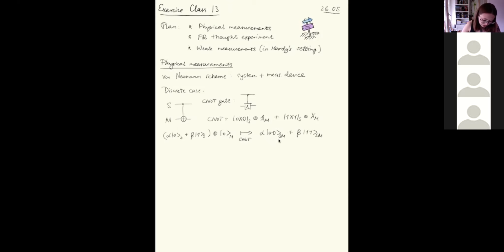So in the exercise sheet, you're going to look at the physical implementation of this, namely a particular Hamiltonian that can implement this unitary gate, but then you'll need to calculate what is the time that we need to turn on this interaction Hamiltonian.